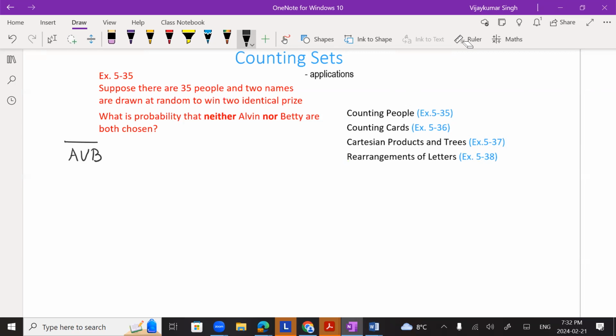Let's try to understand. A union B is either Alvin or Betty show up. The complement would be neither of them show up, right? So the complement of A union B is basically exactly the event you're looking for: neither Alvin nor Betty are chosen.